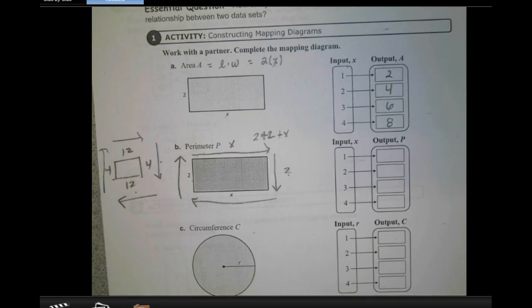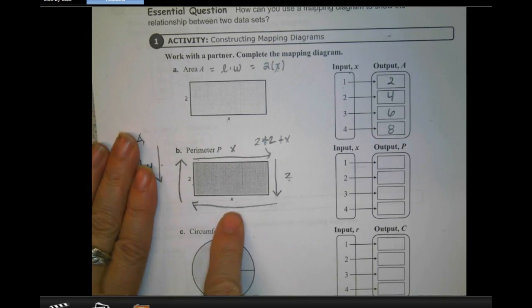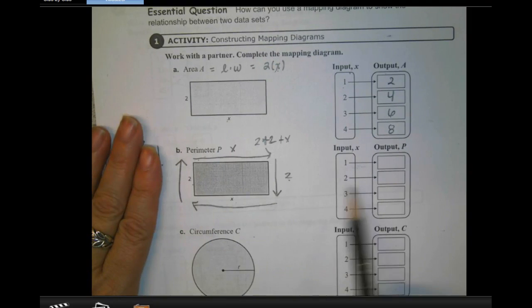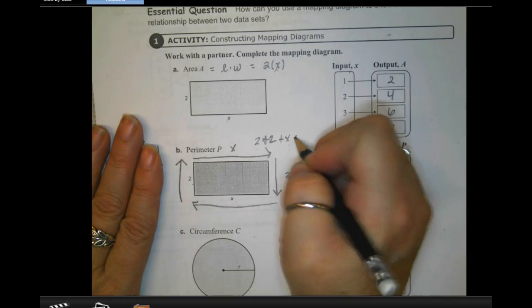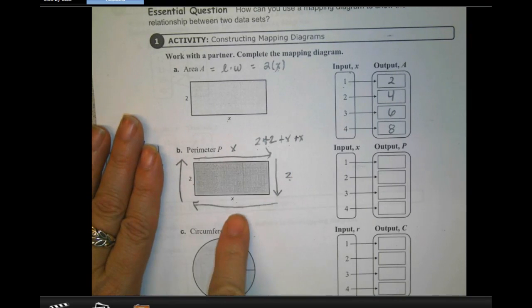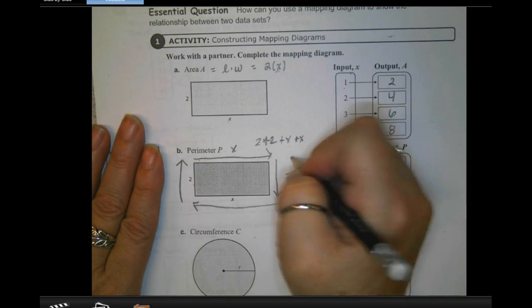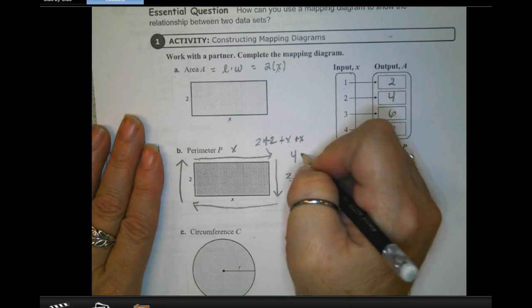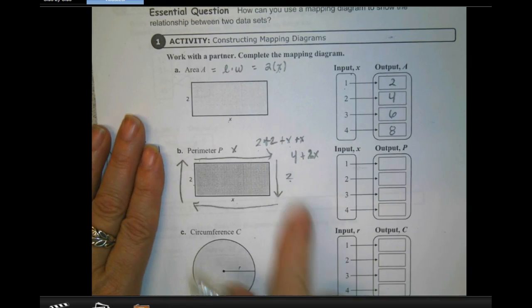David? No, I'm not looking at this one here anymore. I'm looking at this one here. He gave me 2 plus 2 plus x for the perimeter. What's missing, Angel? Plus x. I have to add all 4 sides. Okay, I can simplify this problem by saying 2 plus 2 is 4, x plus x is 2x. Right? So now this is my problem.